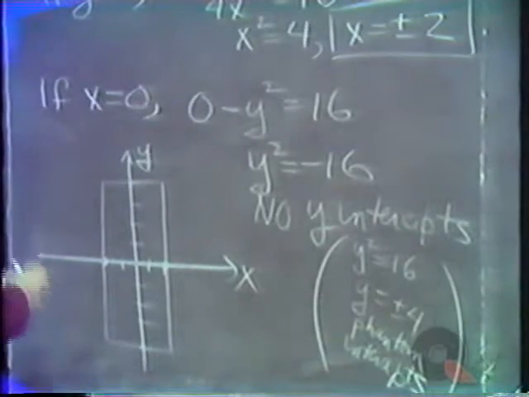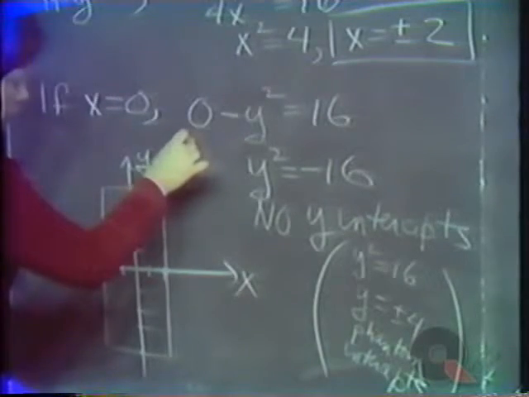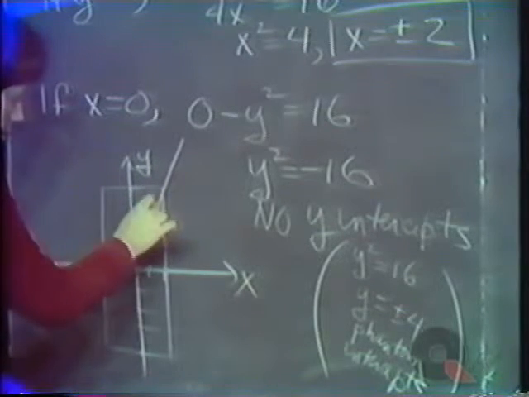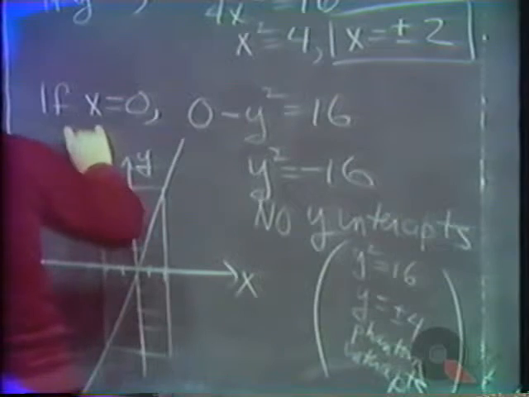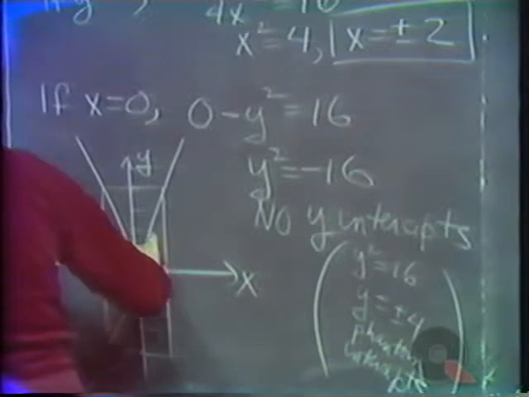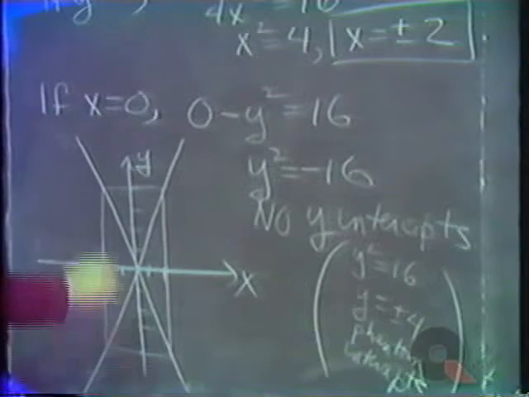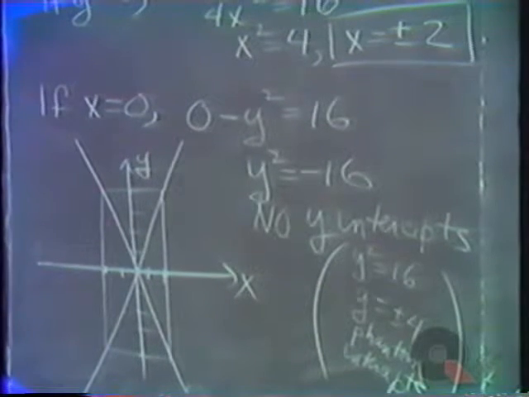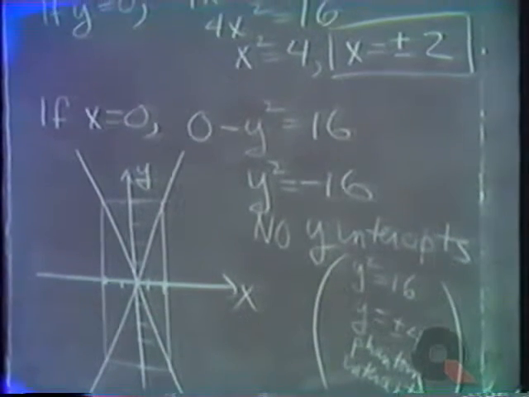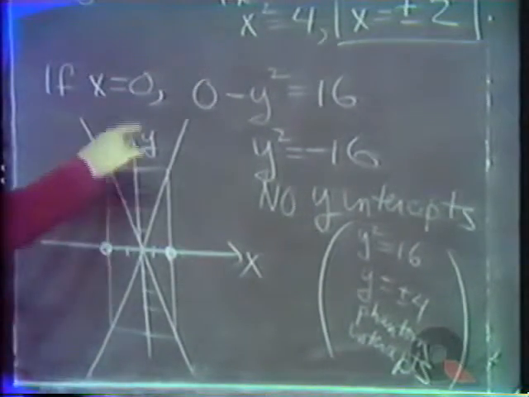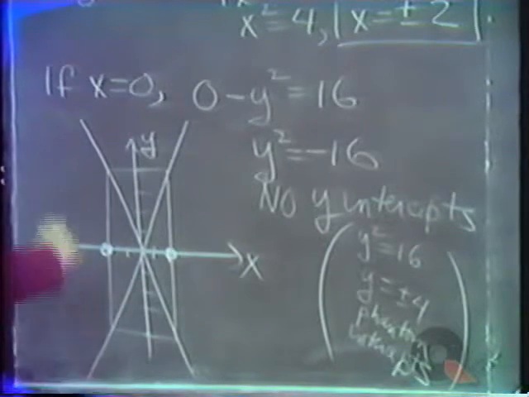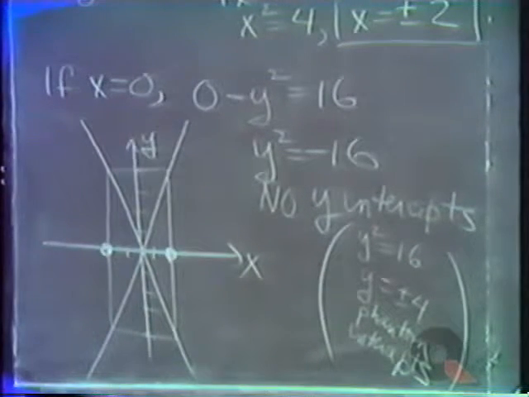And then if you were to sketch in the diagonals of this rectangle, the diagonals are guidelines for drawing the hyperbola. Now, these are the real intercepts. Don't lose sight of that. These were the phantom ones. The phantom ones were just used so that we could draw a rectangle through the real intercepts and the phantom intercepts. The diagonals of this rectangle are what we call asymptotes for the hyperbola.